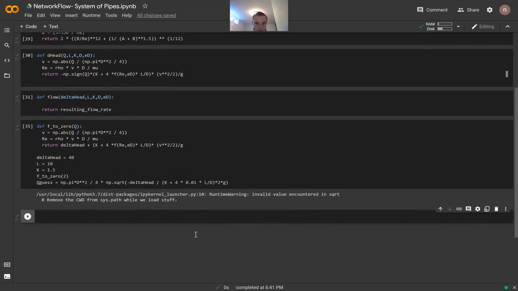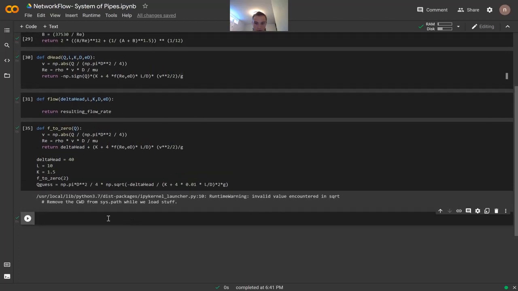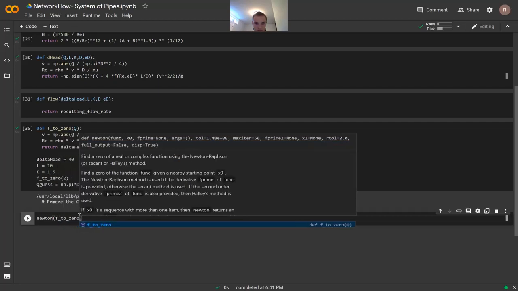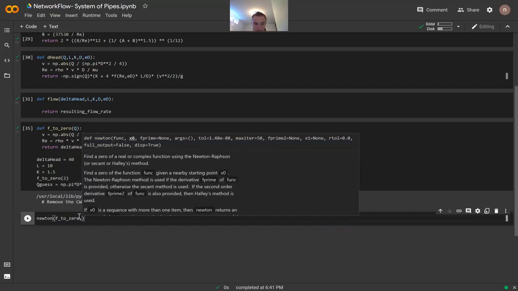So basically what we want to do now is go ahead and test this with Newton's method. So we'll say Newton, and then we have our function that we're driving to 0, f to 0, and then that's going to take in our initial guess, x0, which you can see right here, which will be our Q guess.